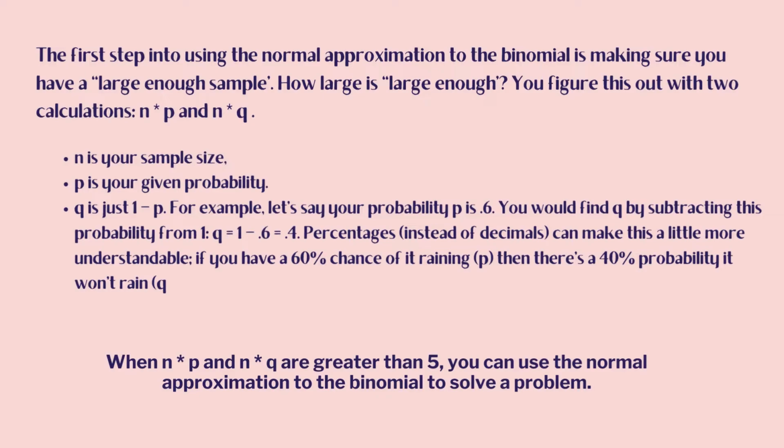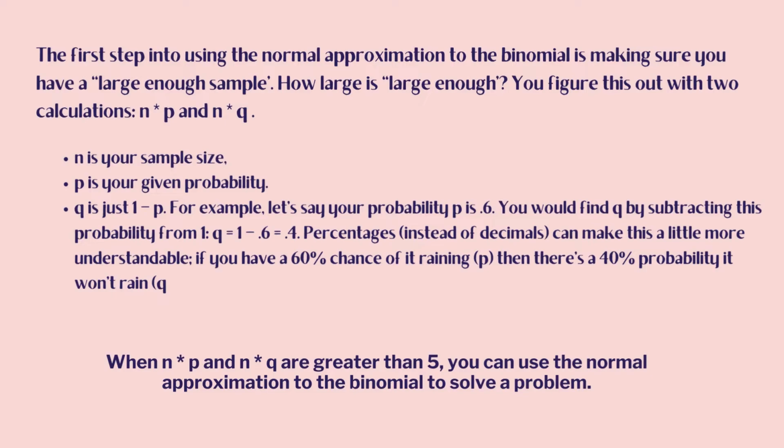The first step in using the normal approximation to the binomial is making sure you have a large enough sample. You figure this out with two calculations, n multiplied by p and n multiplied by q. n is your sample size, p is your given probability, q is just 1 minus p.